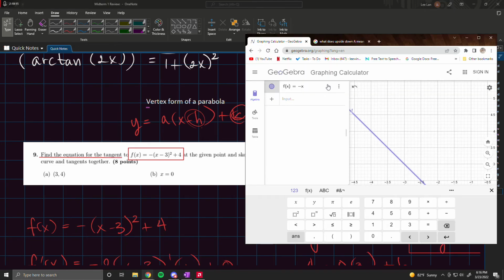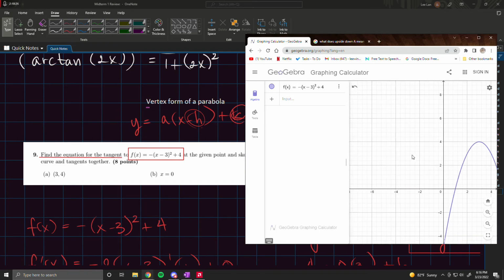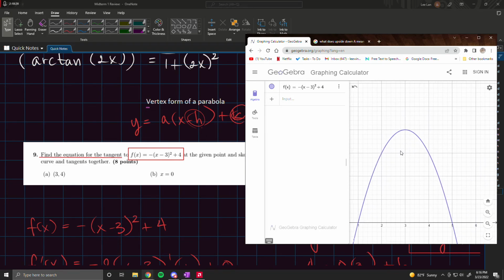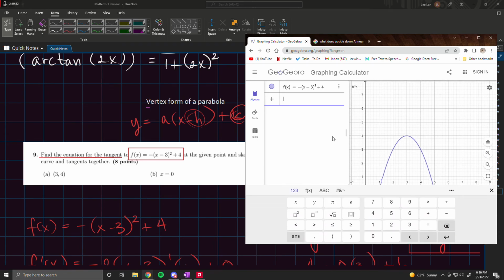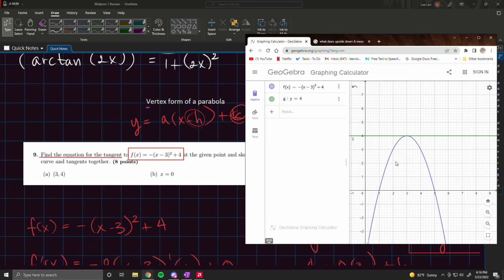So you have negative (x minus 3) quantity squared plus 4. And our vertex is at the point (3, 4). And if we plug in y equals 4, that's our tangent at the point (3, 4), which makes sense.